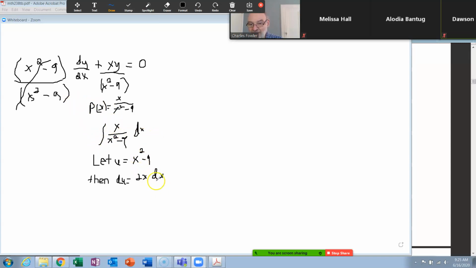You don't have a 2x dx. So what you do is divide out the 2's. But if you divide this side by 2, you also have to divide this side by 2. So now over here you have du over 2, and you have x dx, which is exactly what you want.